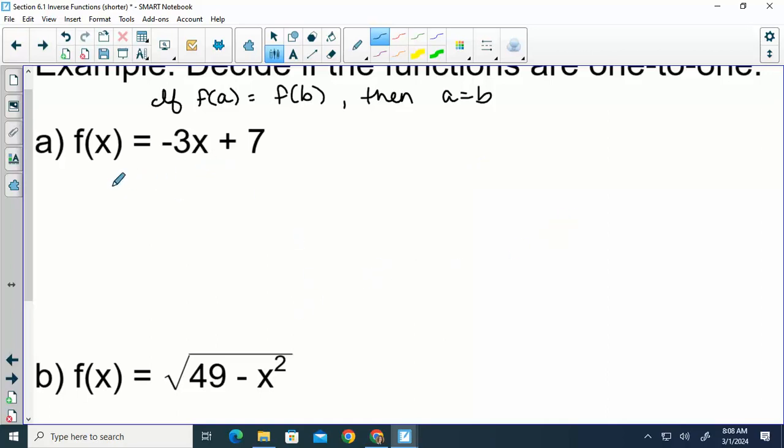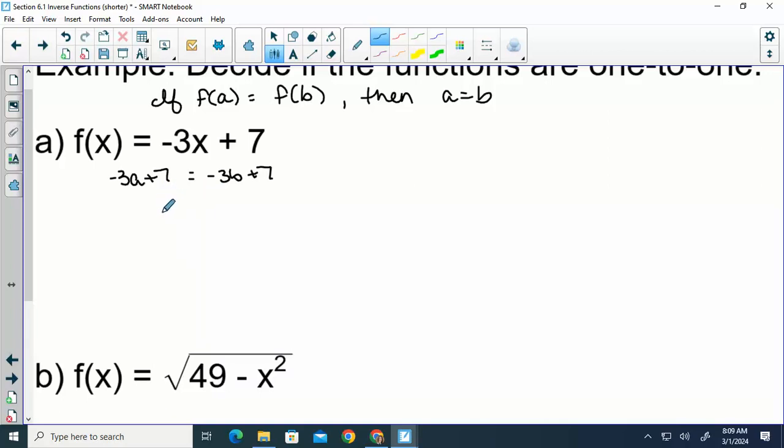So the algebraic approach would be f of a equals f of b. If I plug in an a, you get negative 3a plus 7 equals f of b. If I plug in a b, negative 3b plus 7. If I'm trying to solve this for a, let's say I want to get a by itself, what would you do?